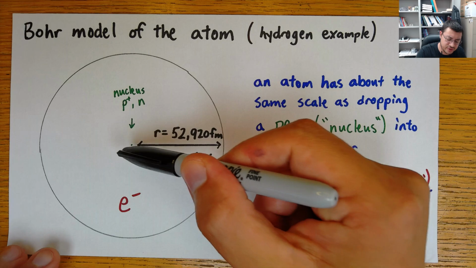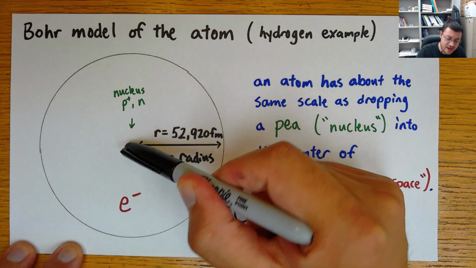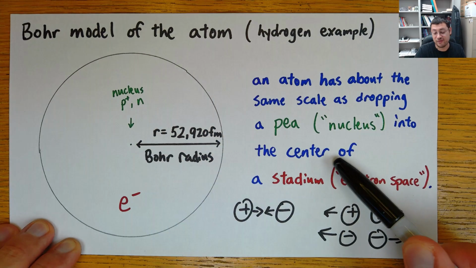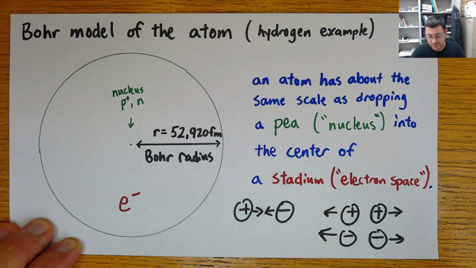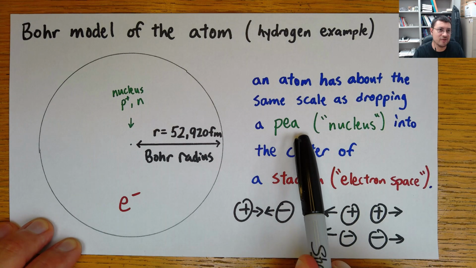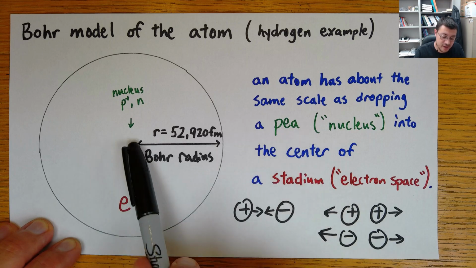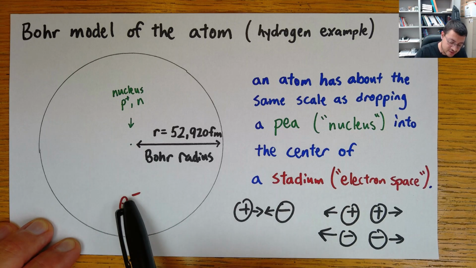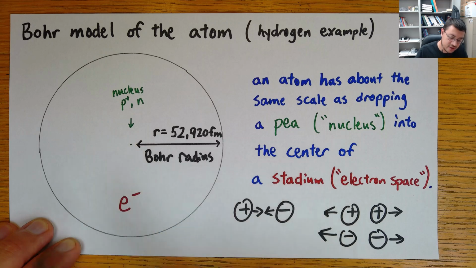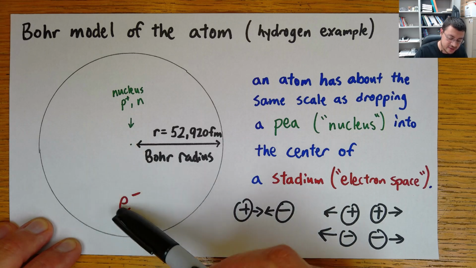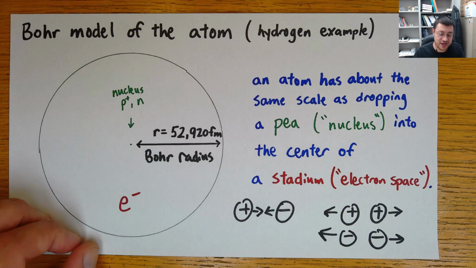We've got this nucleus in the center of the atom, and it's really tiny. If I were to scale this up, it's like dropping a pea in the middle of a stadium. So really, really, really tiny, the nucleus. And then we have electrons being held close to the nucleus by this electrostatic attraction.